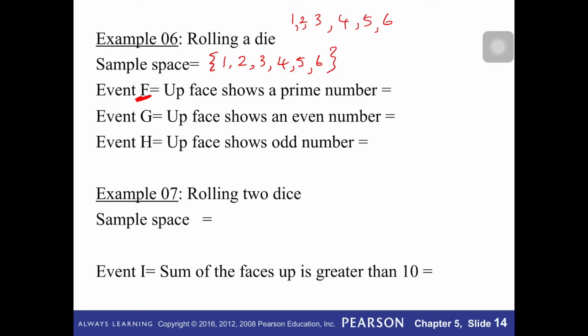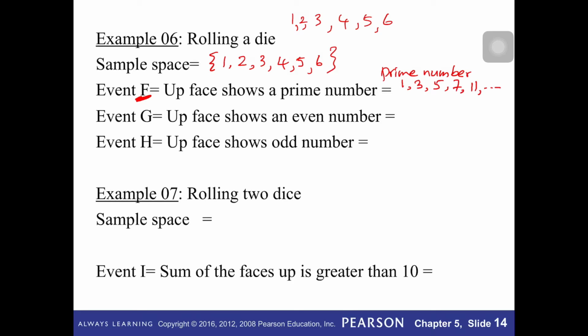Up face shows a prime number. So what are the prime numbers? Prime numbers are numbers which can be divided only by one and themselves, right? So the prime numbers are 1, 3, 5, 7, and so on, then 11.